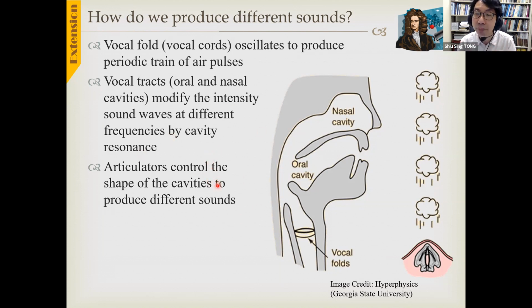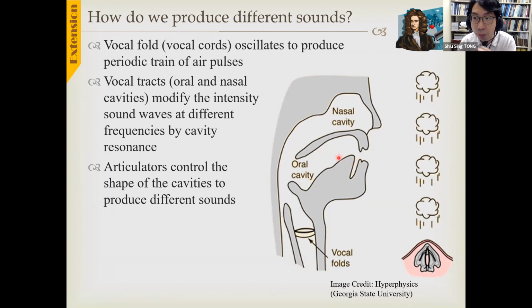Now, the mechanism is rather tricky. The mechanism actually depends on resonance. It happens that our oral cavity and nasal cavity are in a shape that we can control. When we pronounce different words, we control the shape of our oral cavity, and we also control whether our mouth is open or closed.